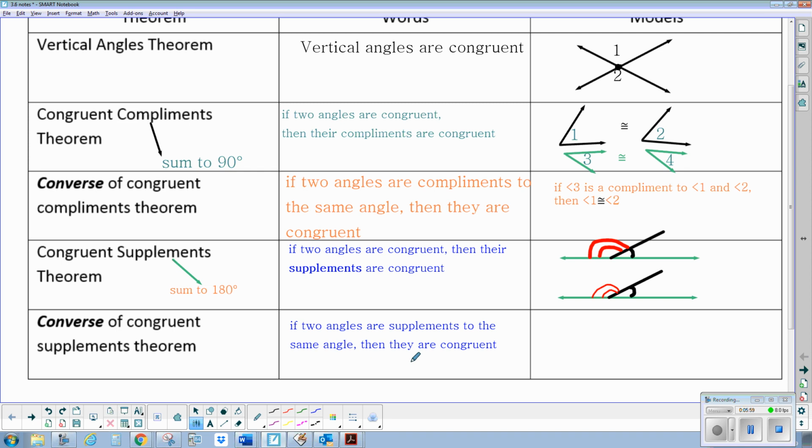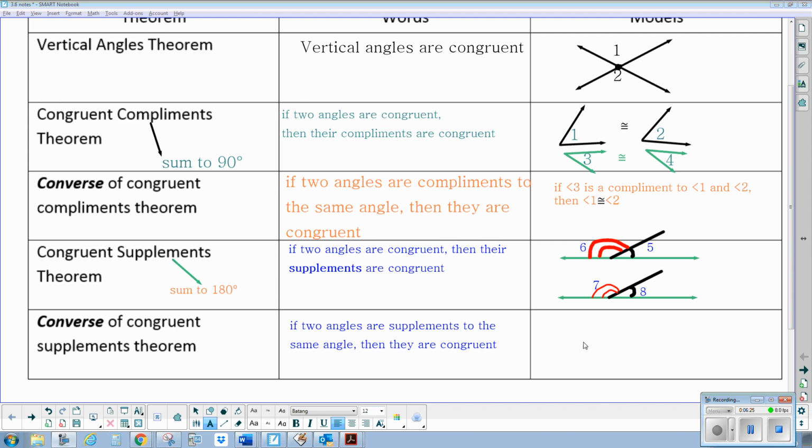And then the converse says that if two angles are supplements to the same angle, then they are congruent. So I'm just going to label these angles 5, 6, 7, and 8. So in our congruent supplements theorem, we said that if angle 5 and angle 8 are congruent, then their supplements are also congruent. That means angle 6 has to be congruent to angle 7.